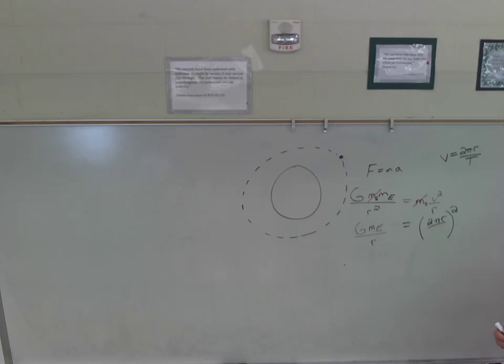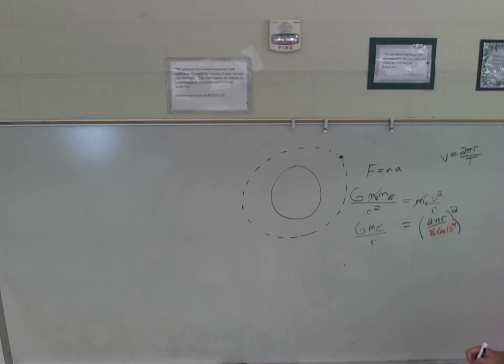So how do we put a day in seconds? 24 hours times 60 minutes in an hour times 60 seconds in a minute. What is that? Also a nice thing to remember. It's 8.6 times 10 to the fourth, 86,000 seconds in a day.